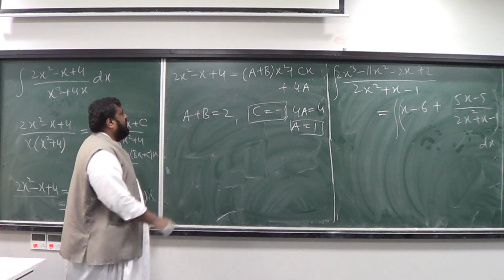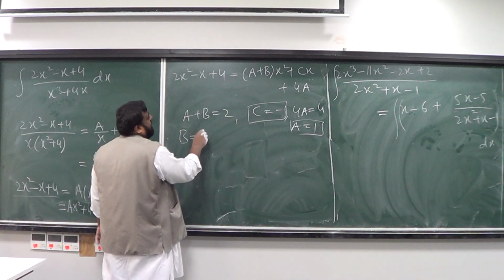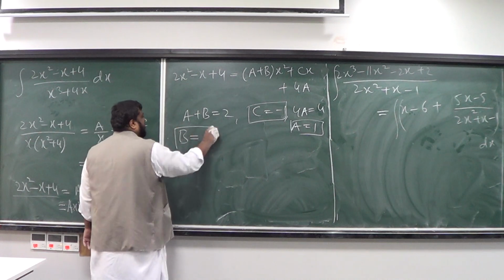So if a is 1, what would be b? So b is going to be also 2 minus 1, so it's going to be 1 as well.